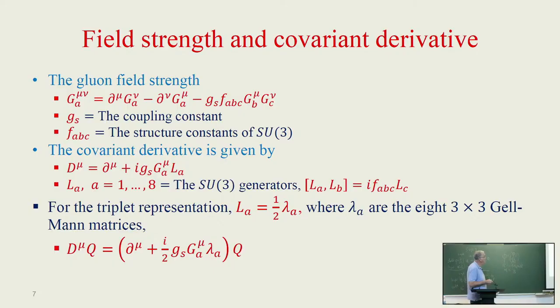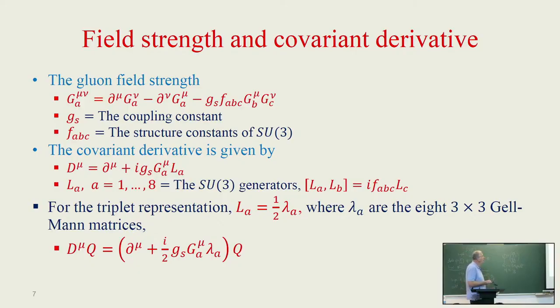Each of these indices, A, B, and C, runs from 1 to 8, and each combination is a known number. It comes from SU3, okay? It's not free numbers, these are known. This is a free parameter, g_s, that should be fixed by experiment. The model doesn't tell us its value. Only experiment can.